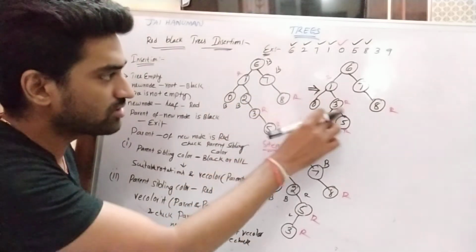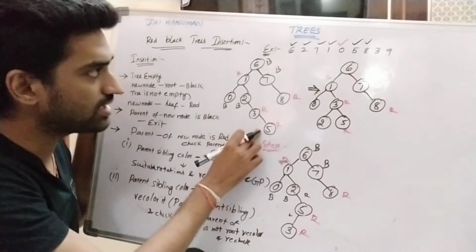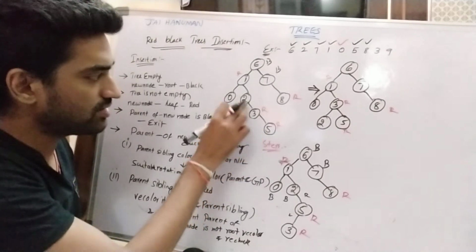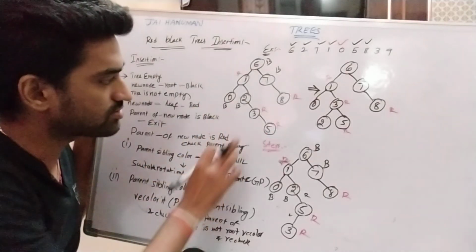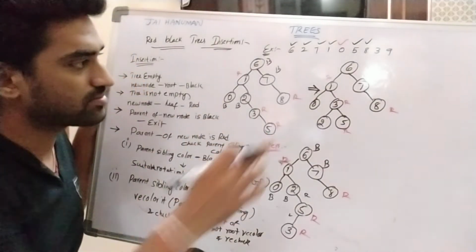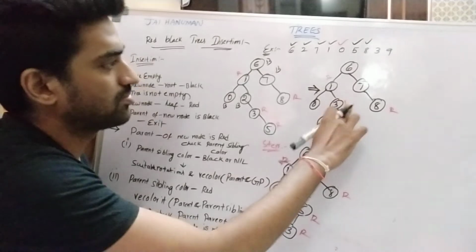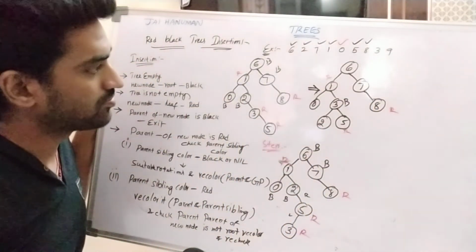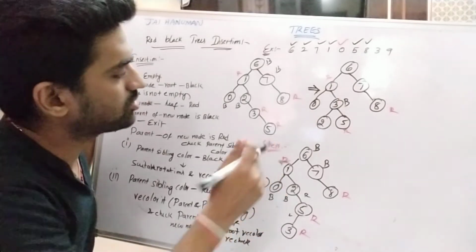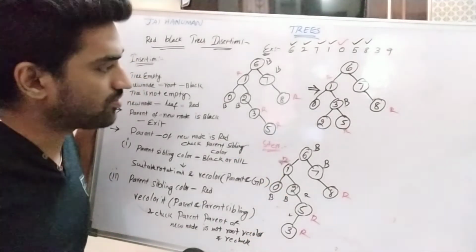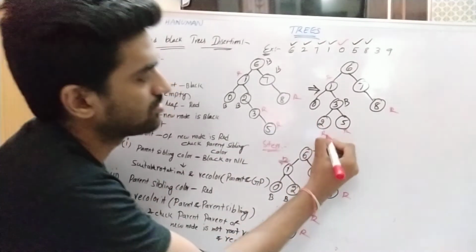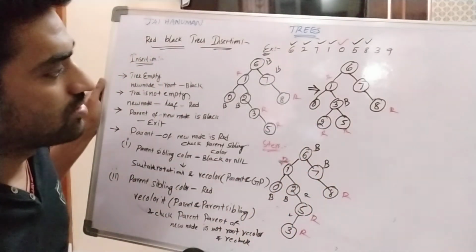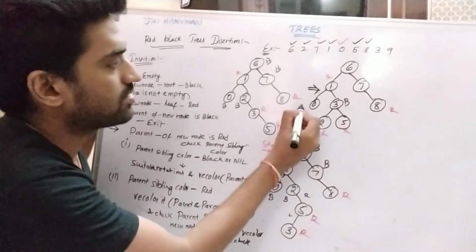So after performing the rotation, we recolor the parent and grandparent. Right? So here 3 becomes black, and 2 becomes red. 0 is already black now.